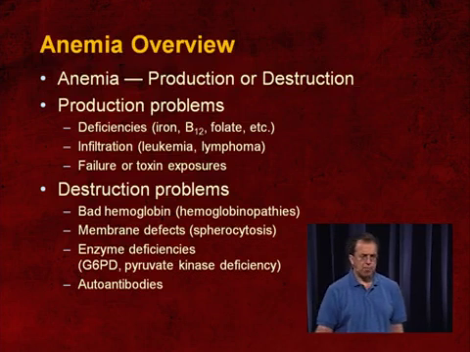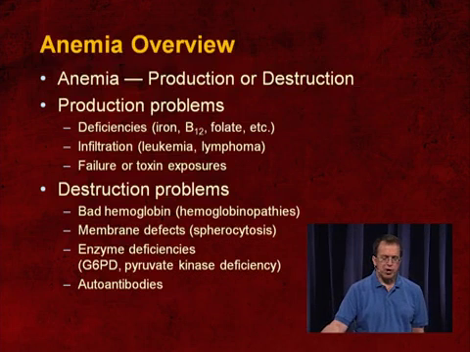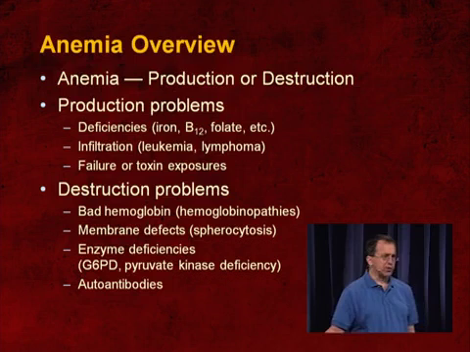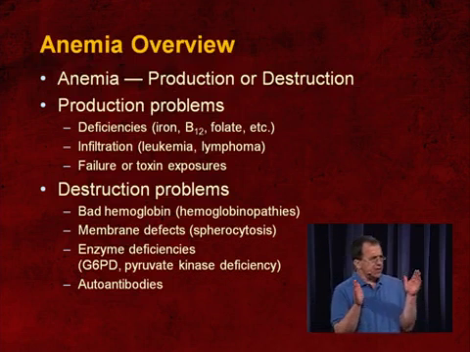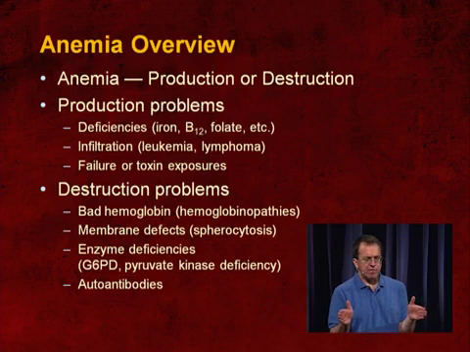Production problems can be associated with deficiencies in your raw materials, what you need to make red cells. Your marrow is the factory. Deficiency, the factory doesn't have the raw materials.